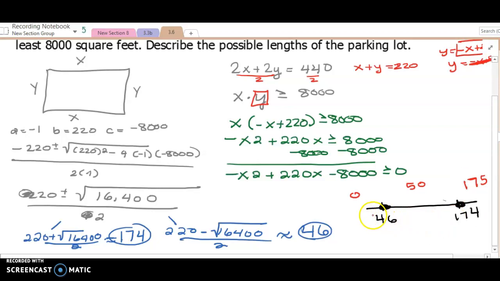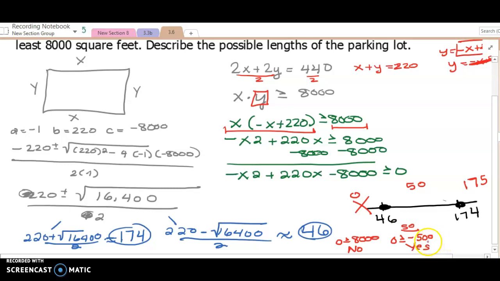If we plug these in, I'm just going to plug them into my calculator since I'm out of room on my paper, but I encourage you to do the same thing. We're going to plug 0 in to see if this is greater than or equal to 8,000. When I plug 0 in, I got 0 is greater than or equal to 8,000, which is not true. So this is a no. If I plug 50 in, I get 0 is greater than or equal to negative 500, which is a yes.